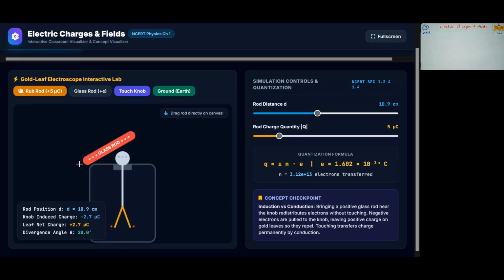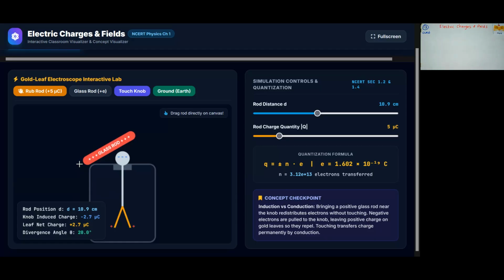Observe what happens. Negative electrons inside the metal rod are attracted upward to the positively charged glass rod, accumulating on the metal knob.